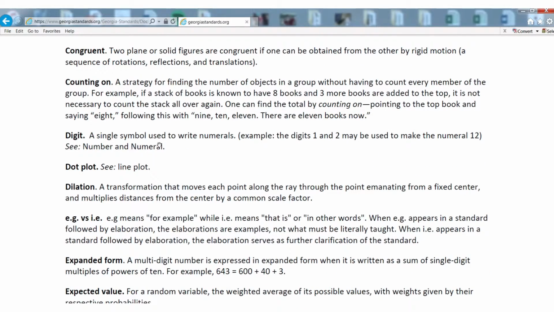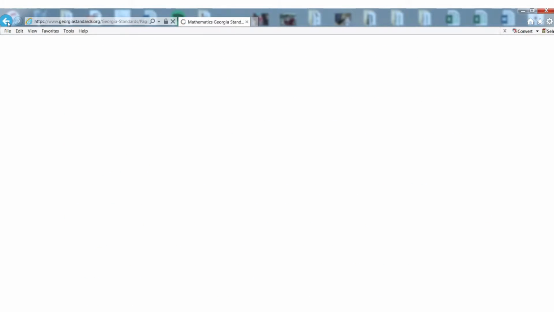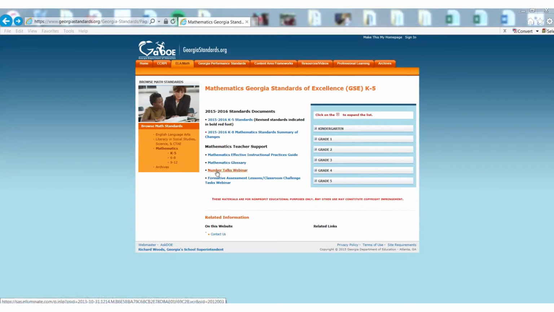So again, you can go back and look at all of those terms in the glossary. There are 2 webinars that talk about number talks and about formative lessons, and you could go and watch those webinars and videos to learn about those particular ways of teaching.